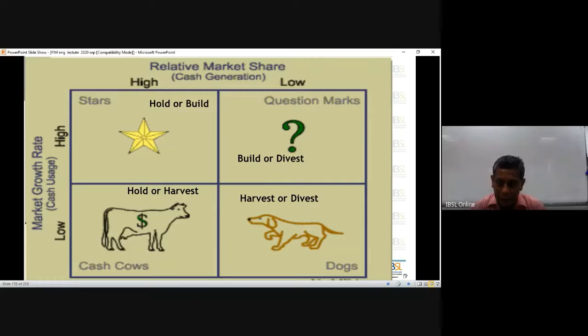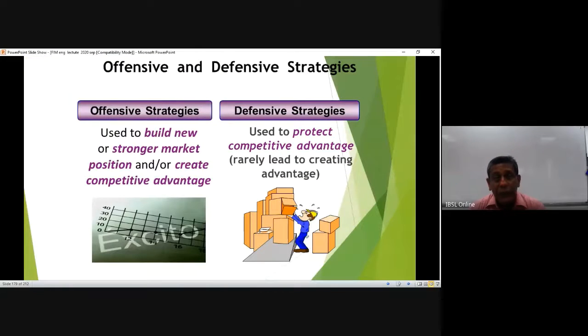From that point onwards, we have another two types of strategies, which we call offensive and defensive strategies. Offensive strategies are used to build a new, stronger market position and create competitive advantage. The defensive strategy means blocking avenues, used to protect competitive advantage, not to create an advantage.